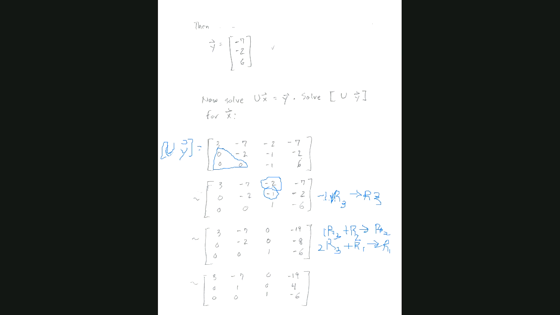Now all we have left, I want to multiply the second row by negative a half, thank you Solomon, and that goes in the second row.